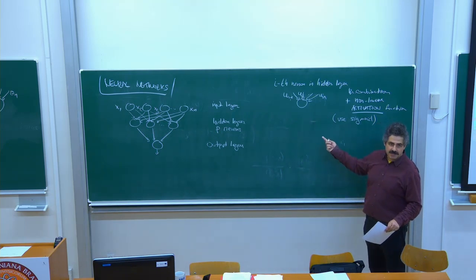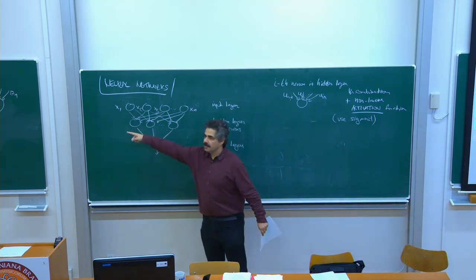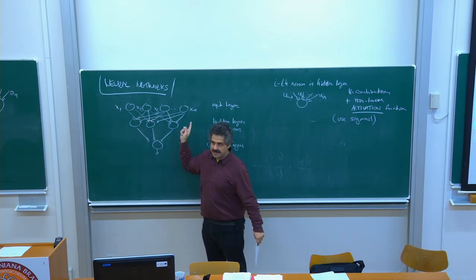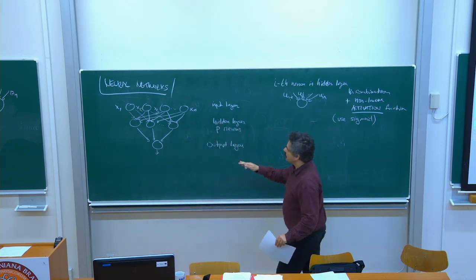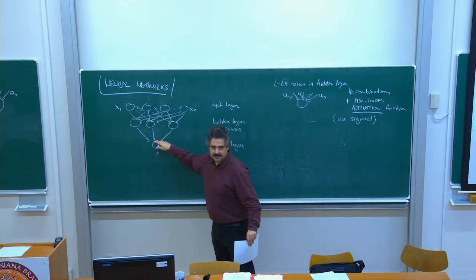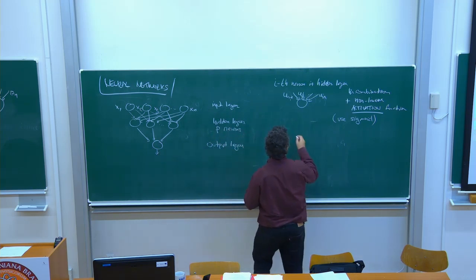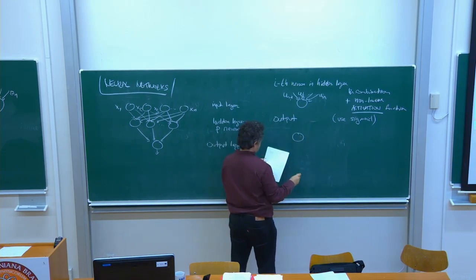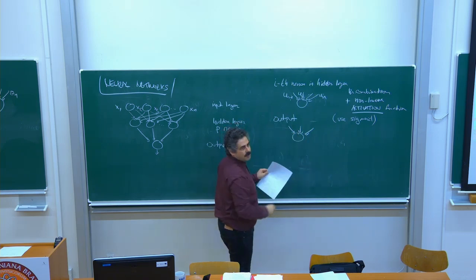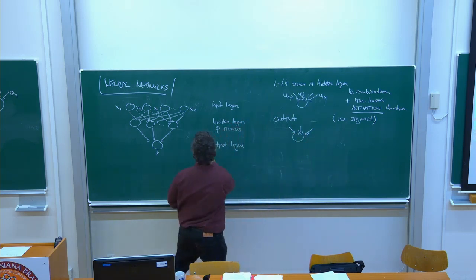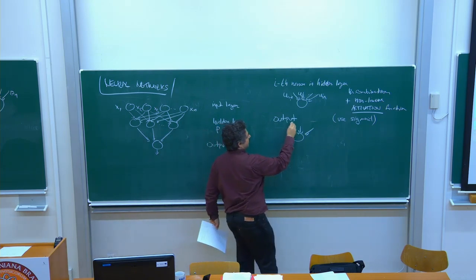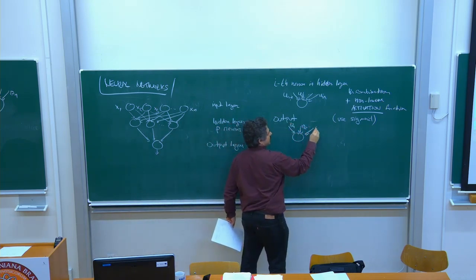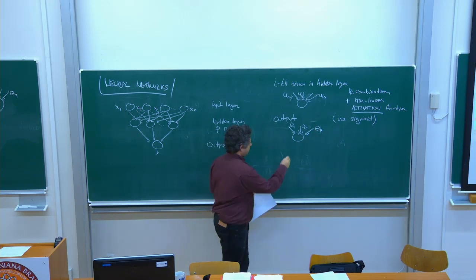Each of these neurons in the hidden layer has n weights associated with it, and the output neuron also has to have weights. But here we have not n inputs, but the size of the hidden layer, so there will be parameters theta 1, theta 2, until theta p.